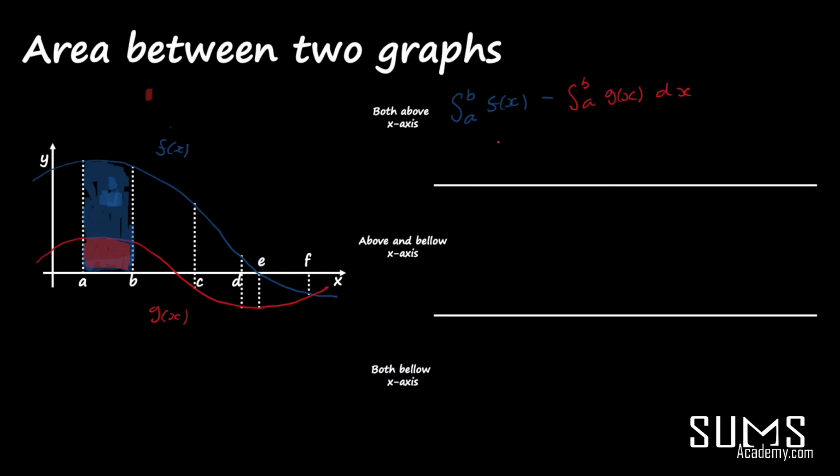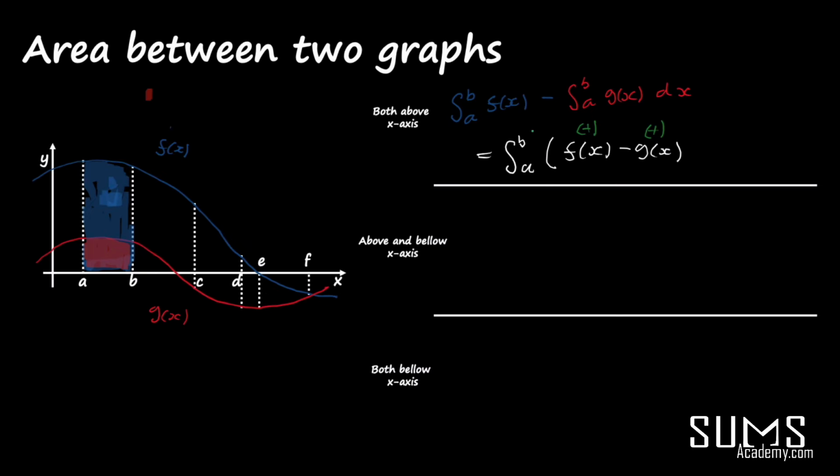It's exactly the same with subtraction because they are basically the same thing. So here you have a to b, and you're going to have f of x minus g of x, and that's going to give you the area between the two. That is all going to be positive area because it's all above the x-axis, and this is also positive because it's above the x-axis. So happy days.